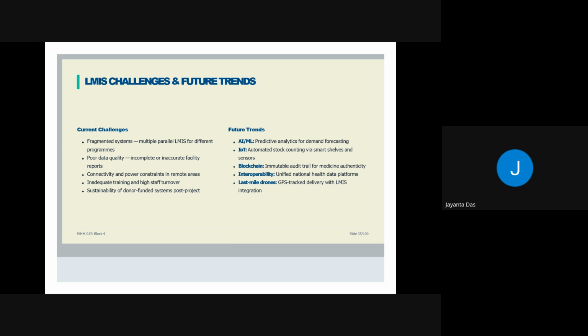These are the things we are looking up to now, and we expect some of the current challenges can be addressed more positively, and we will be able to get better results.